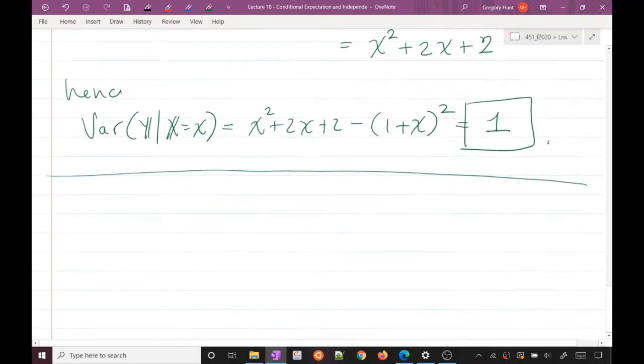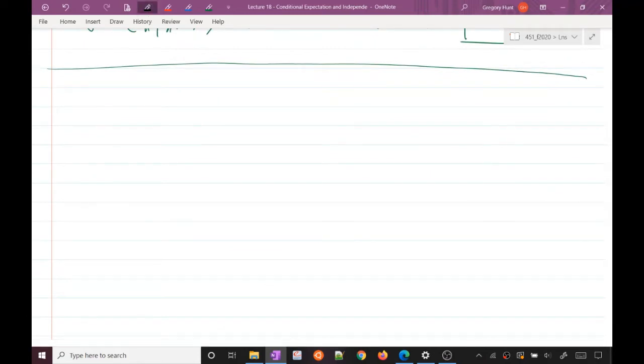So for events, we talked about conditional probability. And after we talked about conditional probability, we talked about independence. So the question is, and the answer I'm going to give you is that we can define a notion of independence for random variables by bootstrapping off of our definition of independence for events.